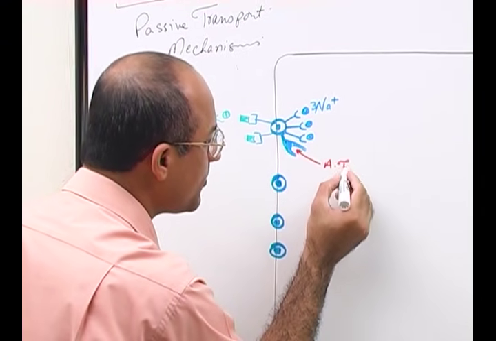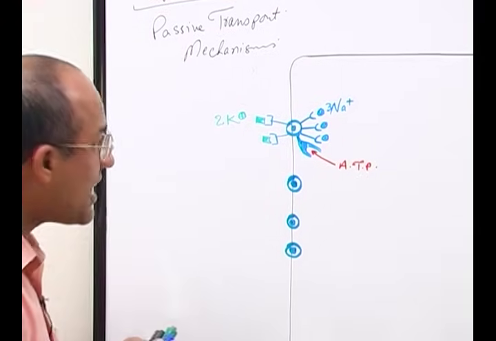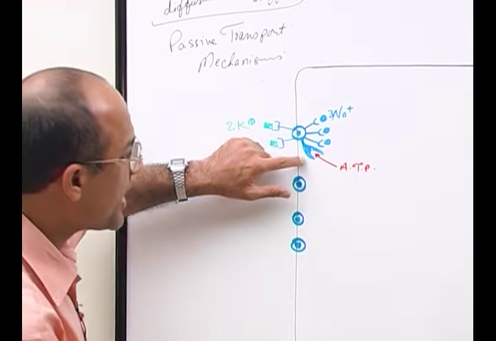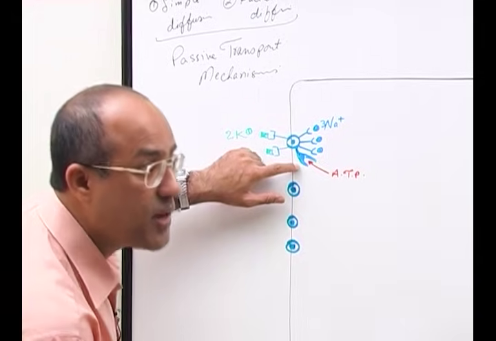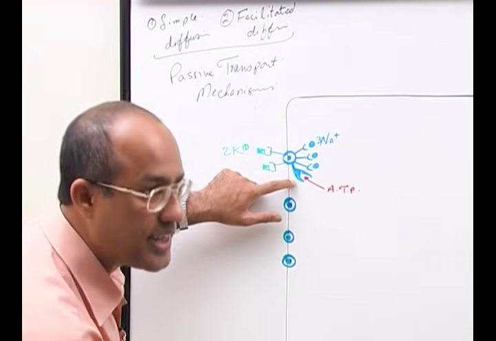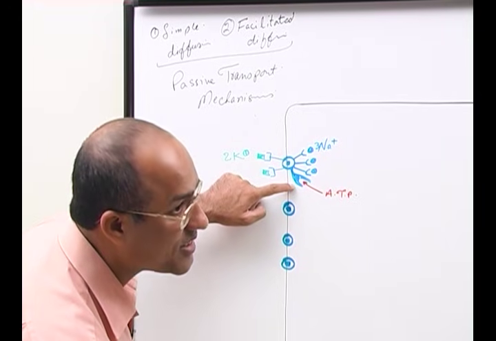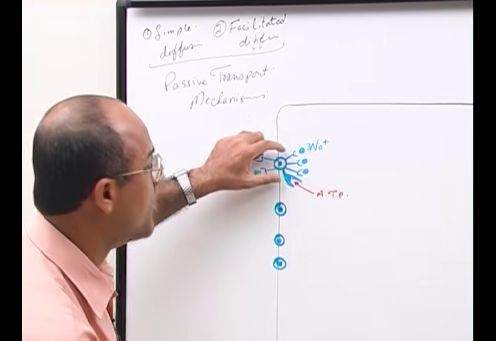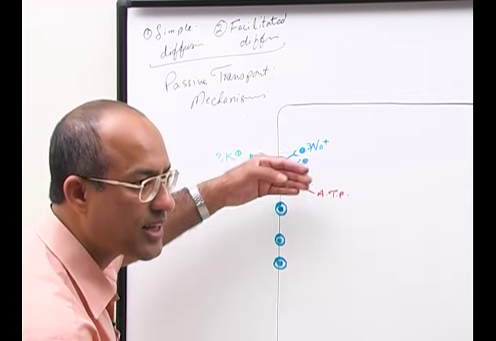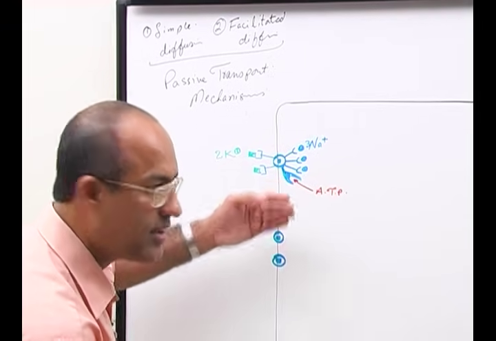ATP molecule. Now, this domain of the molecule has the capability to break down the ATP into ADP and phosphate, and the molecule will be energized when you break down the ATP into ADP and phosphate.